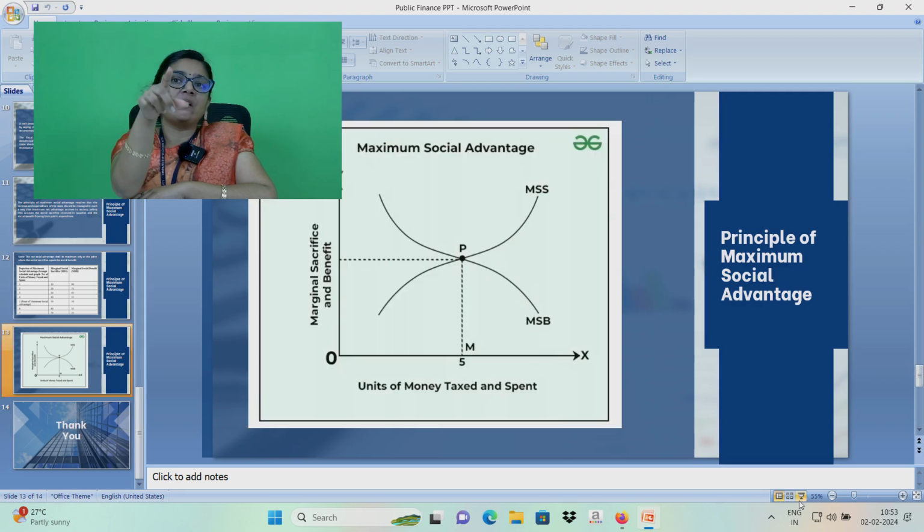In the graph, the curves intersect at the point where social benefit and social sacrifice meet. The utility of the money taxed and spent should meet at that point P. So your maximum social advantage will be reached.